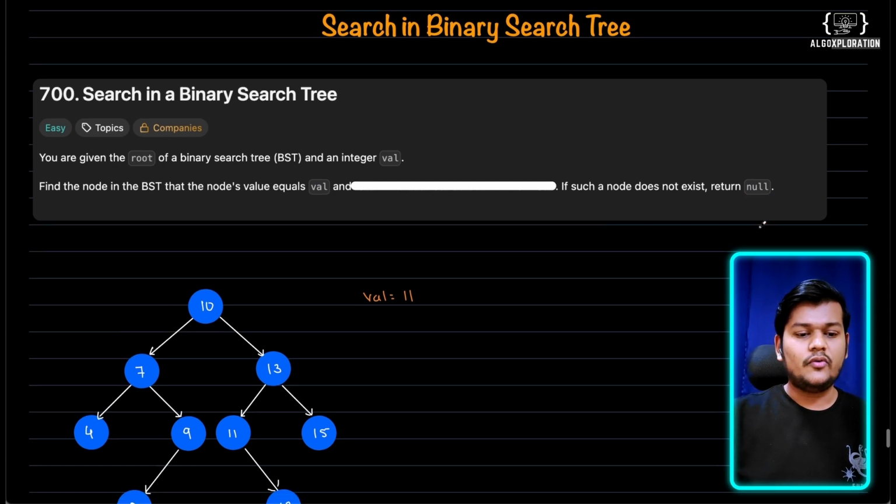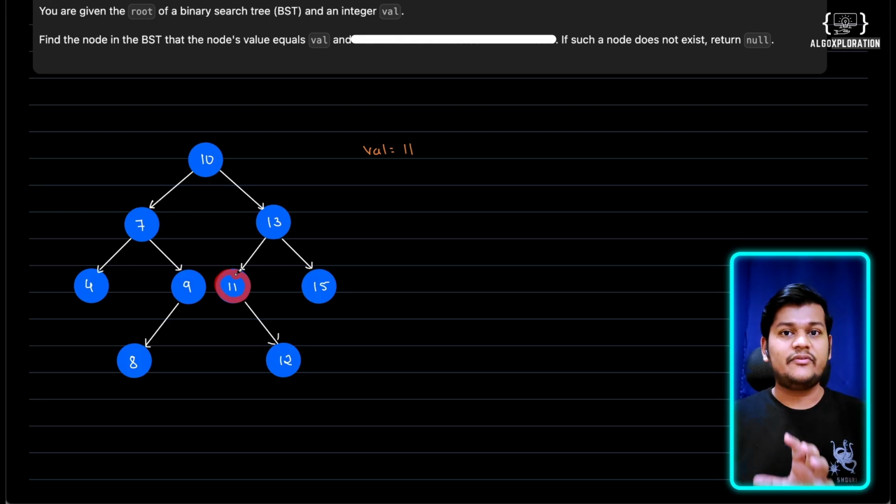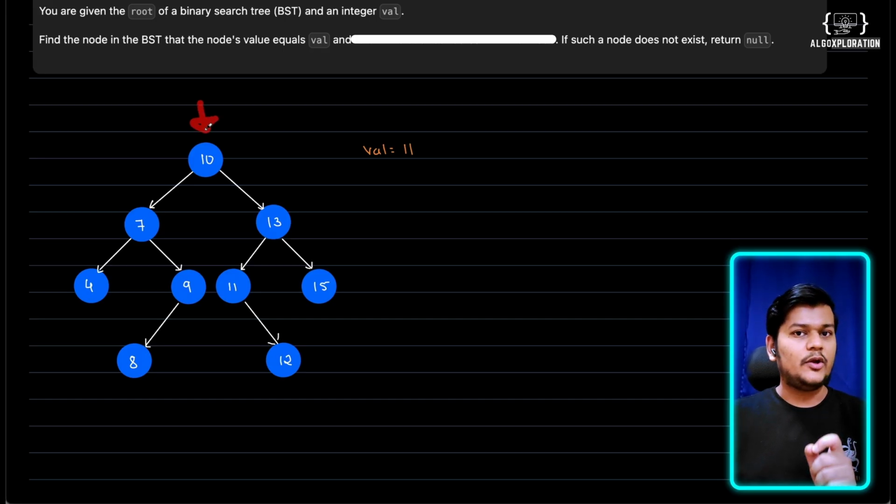Okay. So over here, I have taken an example. This is the binary search tree, and this is the value we need to find out. I can see that 11 is present. So basically, we need to return this node, this reference, or this address. Now see, if you don't know about binary search tree, if I'm standing over here, the value is 10.